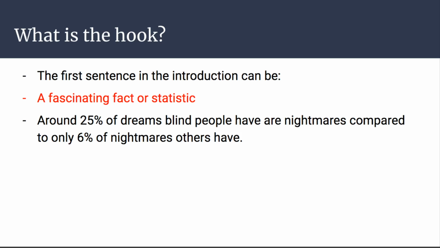So again, this is interesting. Probably not many people know this statistic. And it's directly linked to what the writing is about. Okay, so interesting. Maybe it's surprising. You've never thought about this kind of thing before. So we're starting with a shocking, surprising, fascinating statistic.